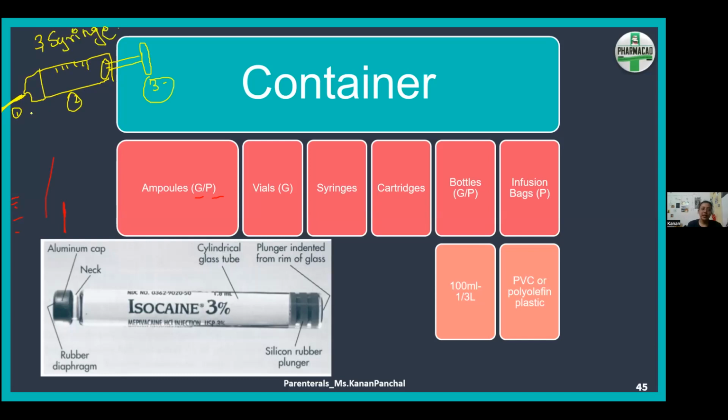Now in a pre-filled syringe, this part is already pre-filled. You all can see this, right? And this is called a cartridge. So in a pre-filled syringe, this part you will call the cartridge. Understood? Behind this we will attach the plunger. And here we will attach the needle.